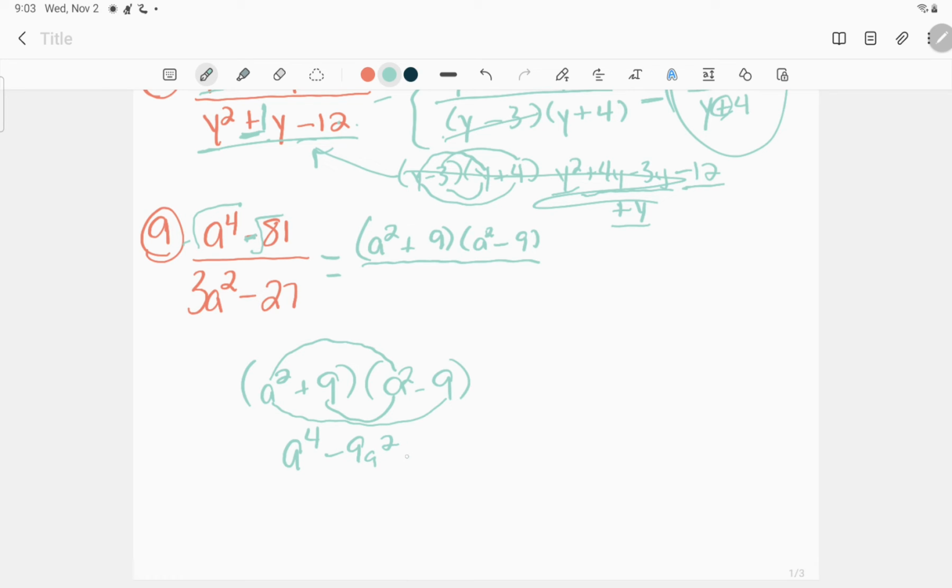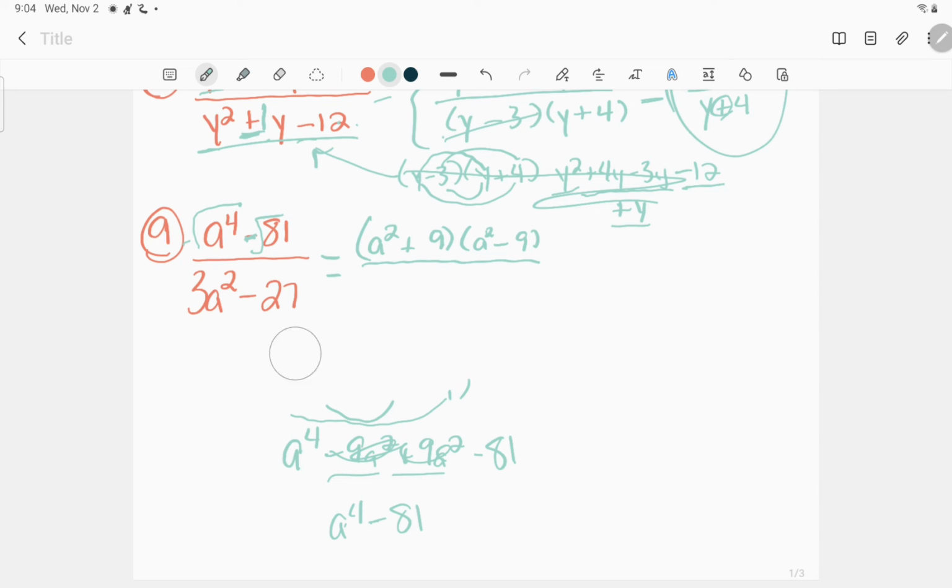And you're going to do a squared times positive 9, which is positive 9a squared. And then positive 9 times negative 9 is negative 81. Sorry about that. So negative 9a squared plus 9a squared is 0. So those go away, leaving me with a to the 4th minus 81. Hope that makes a little bit more sense.